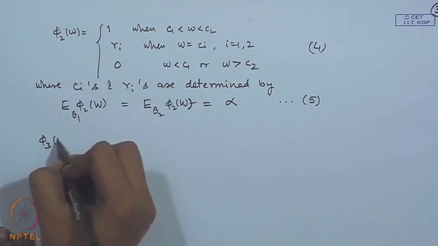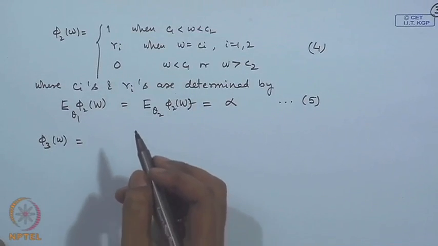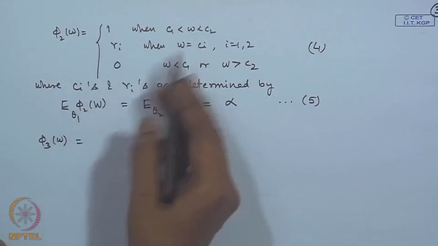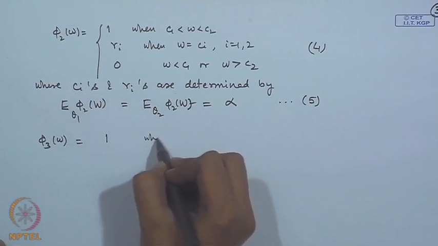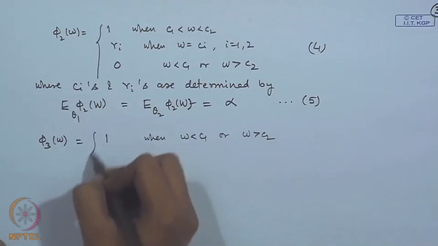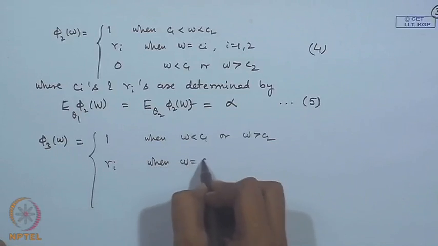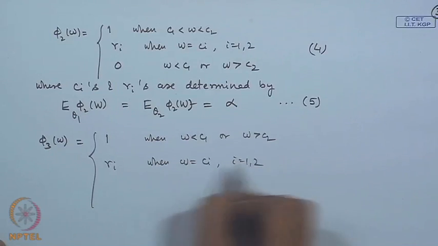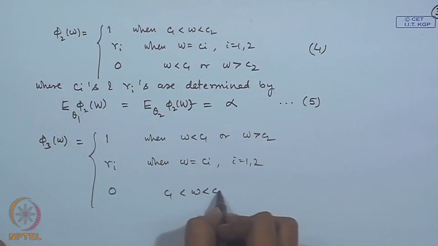Similarly, phi 3 is given by the reciprocal of this one, that is, it will become 1 when w is less than c1 or w is greater than c2. It is equal to gamma i when w is equal to c i for i is equal to 1, 2, and it is equal to 0 if c1 is less than w is less than c2.